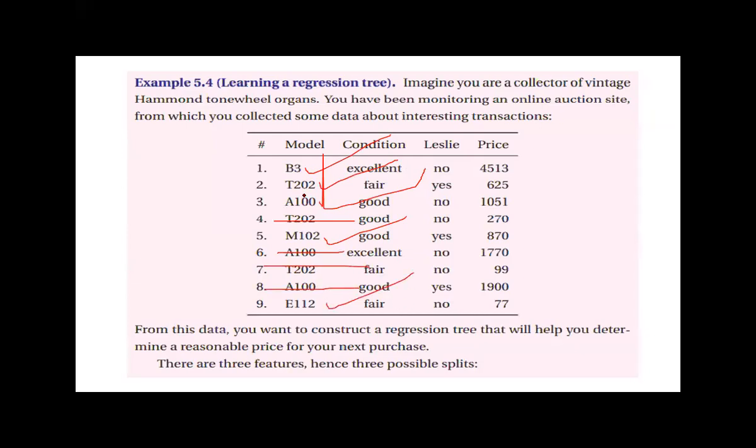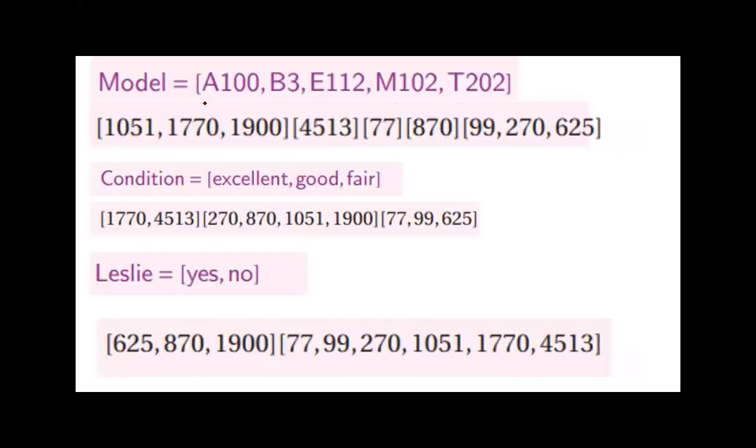We have 5 different models: A100, B3, E112, M102 and T202.